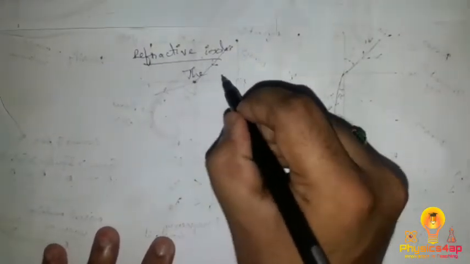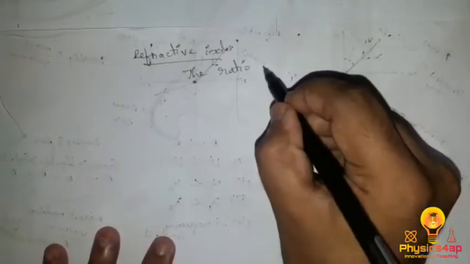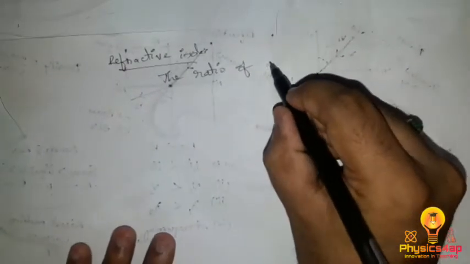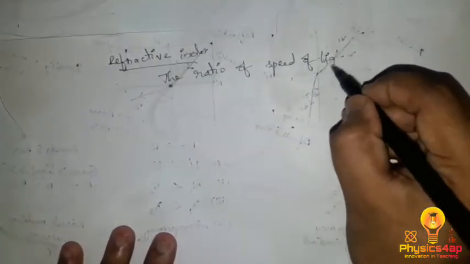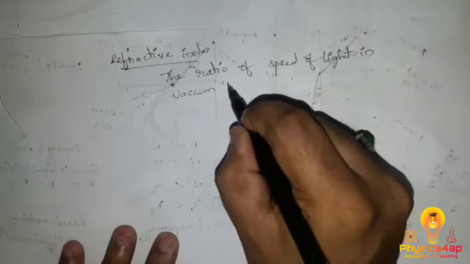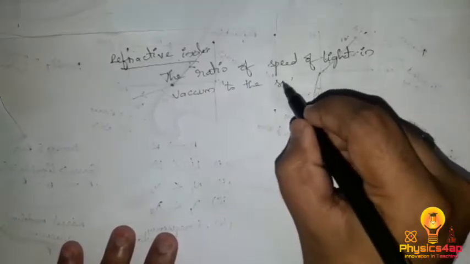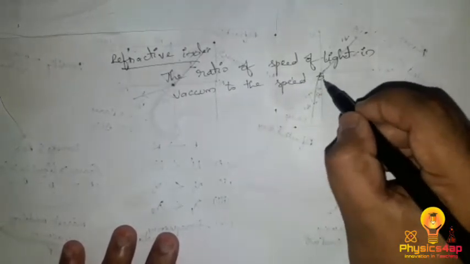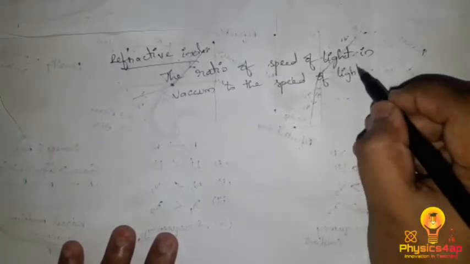So refractive index is the ratio of speed of light in vacuum to the speed of light in a medium. So this is the definition for the refractive index.